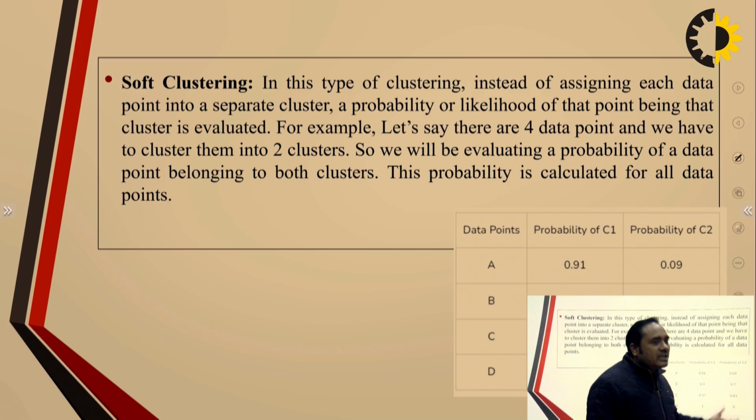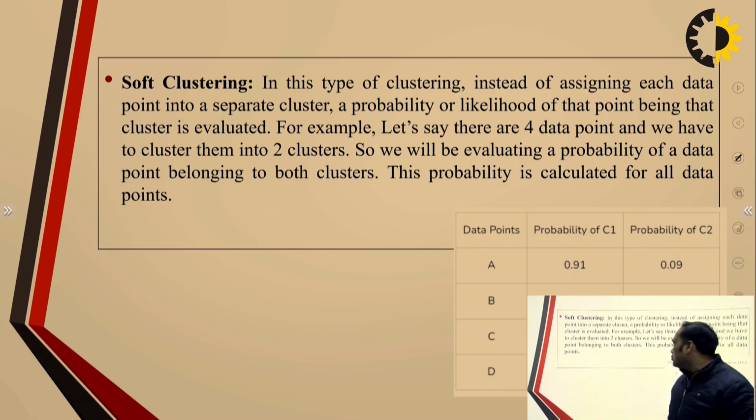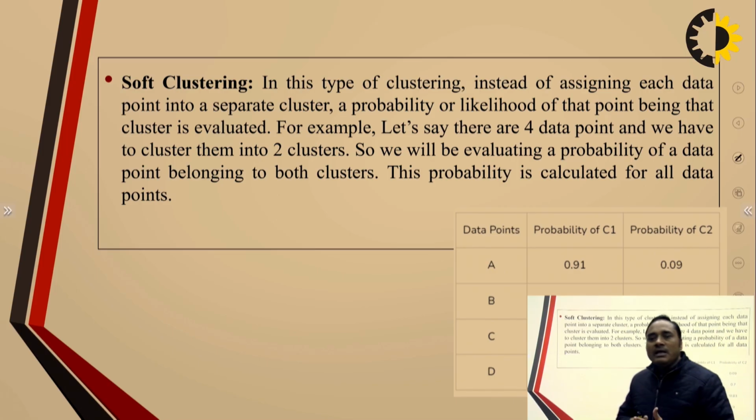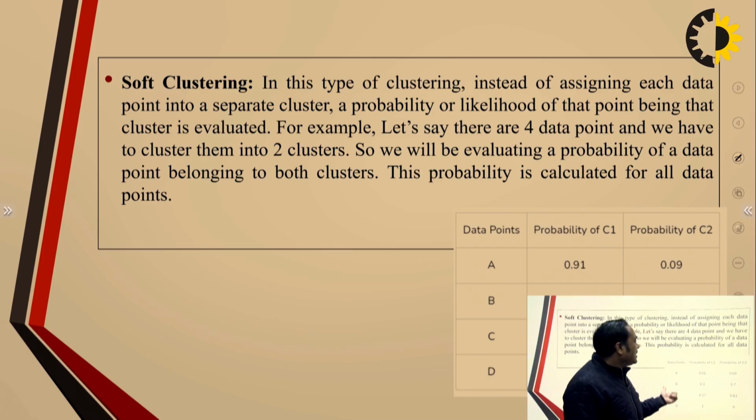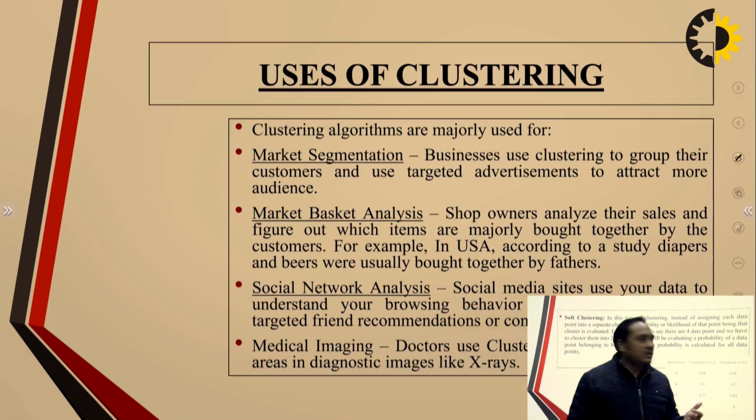So which object belongs to C1, cluster 1, and which belongs to C2 is calculated on the basis of the probability of the occurrence of that object. If someone belongs to this probability, we categorize it in group 1, and someone belonging to this category, we put in this one. So on the basis of the probability, we can divide the data into clusters.